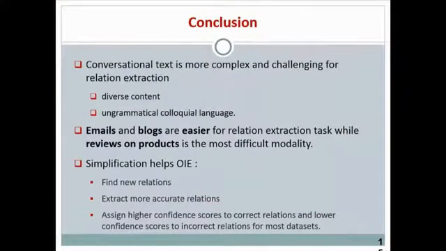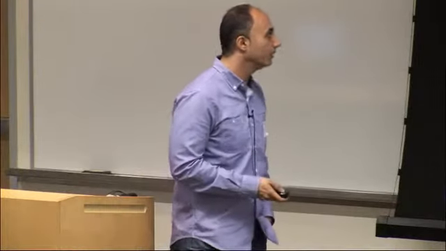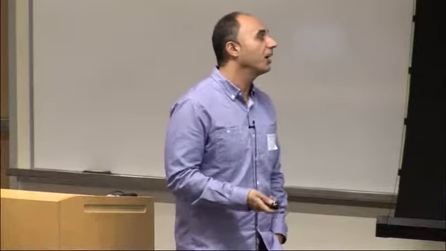So in conclusion, in conversational datasets, we have lots of challenges. We have very complex kinds of text in terms of noise and less structure. We got to know that emails and blogs are easier for relation extraction than reviews of products. So probably for product review summarization, we should decide on some other ways to use some knowledge to do summarization.